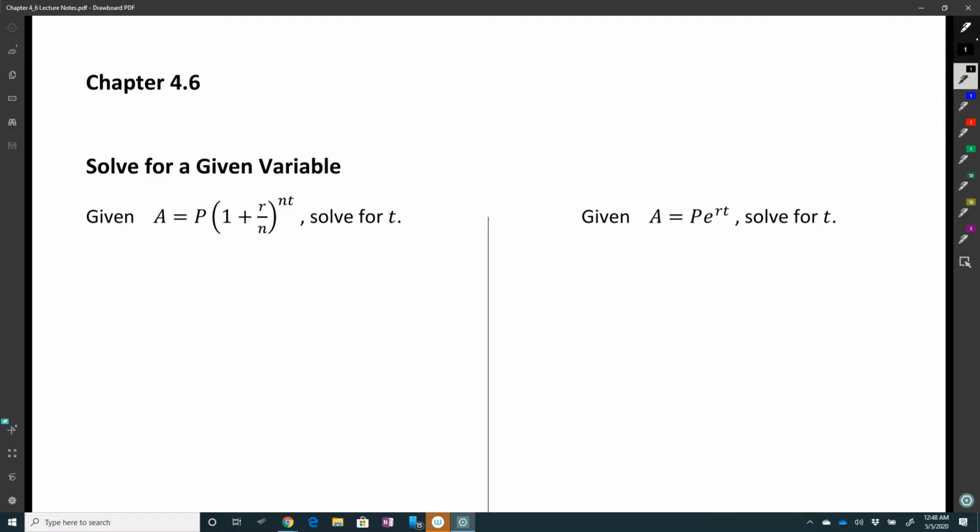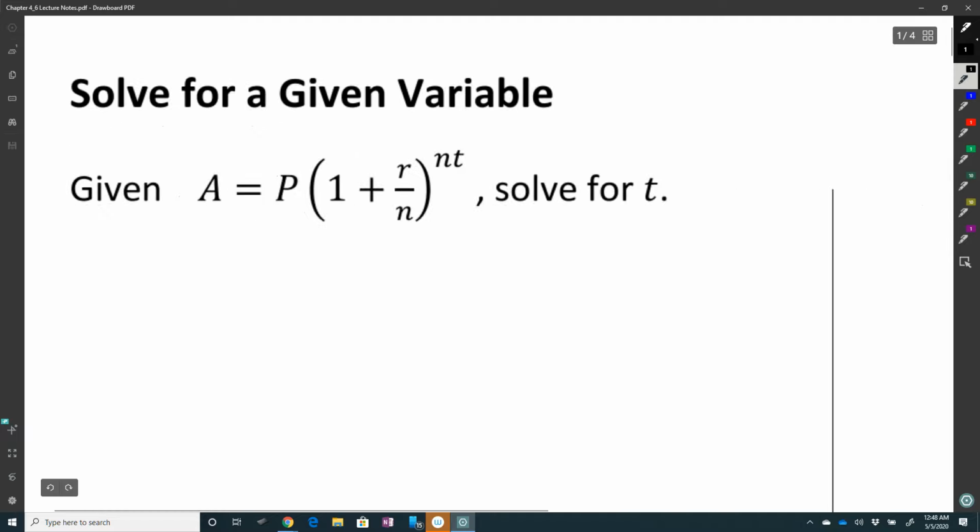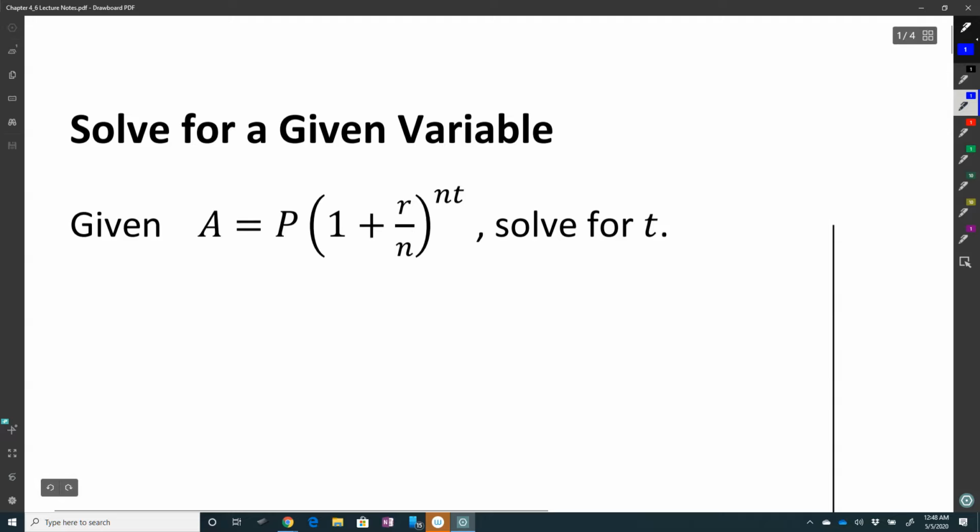So, this first question says, given the regular compounding formula, solve for t. What they mean is don't plug anything in and solve for t. And so, if you look at this equation, the main idea is multiplication.